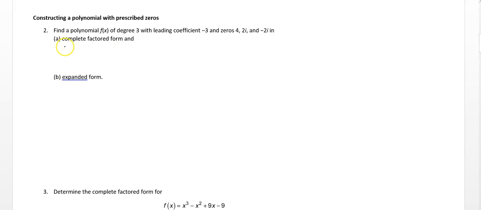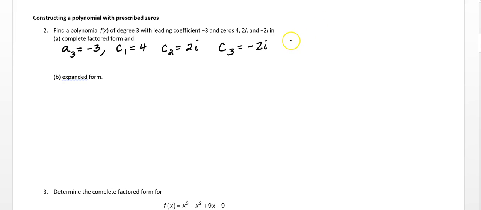So let's write down our givens. We're given that our lead coefficient is -3. We're given that one of our zeros is 4. Another zero is 2i. And another zero is -2i.